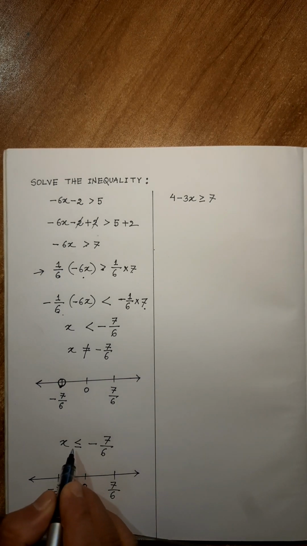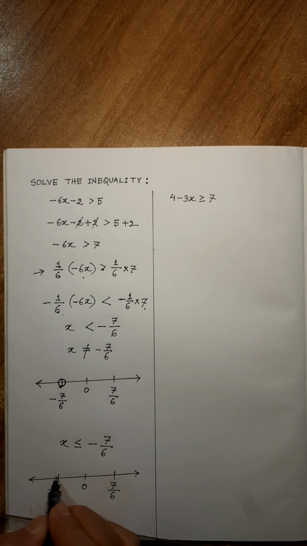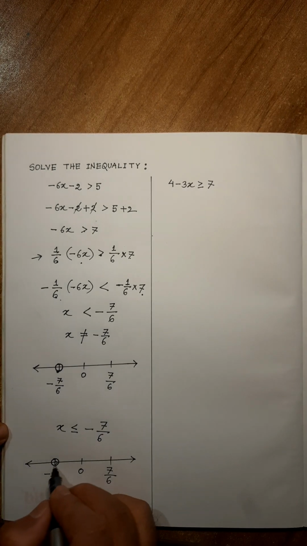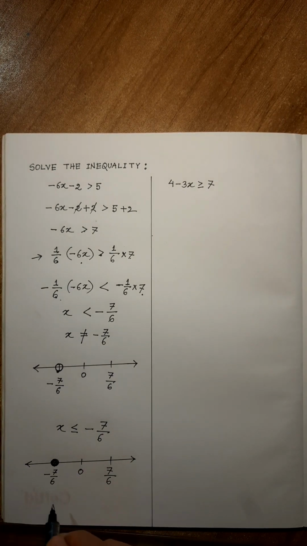But as x is included, this circle will not be empty. It will be a filled circle. Understood?